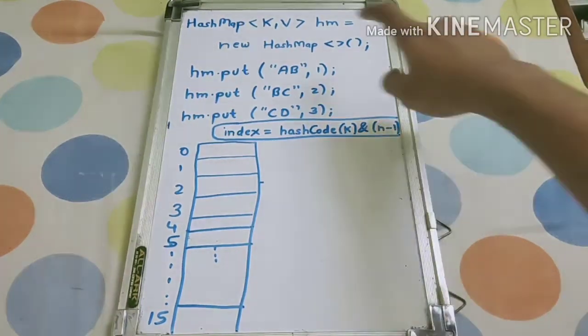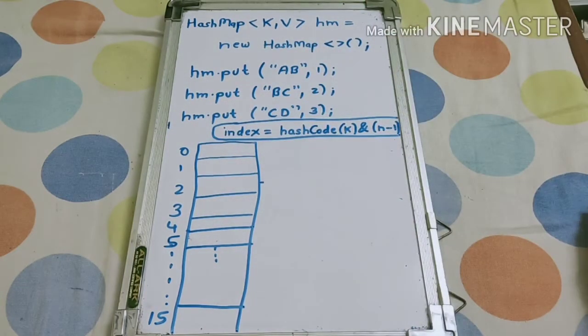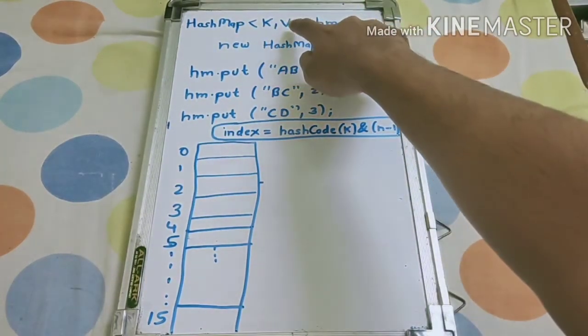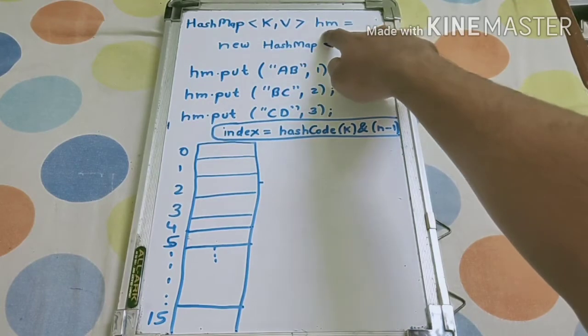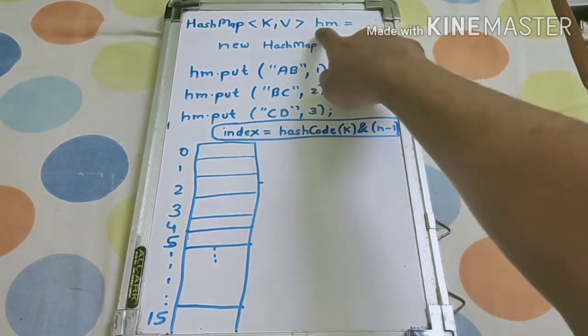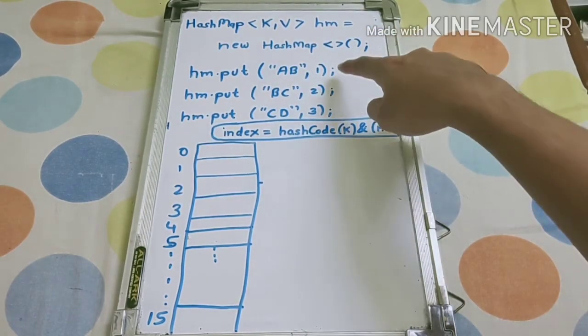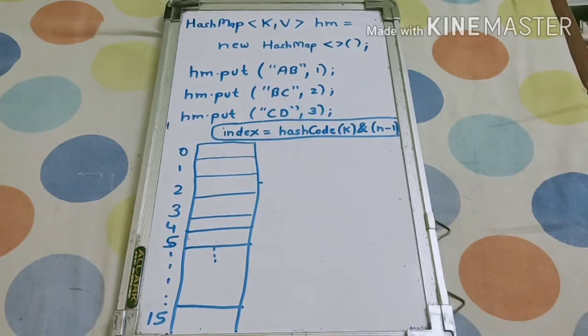So I have written this HashMap<K, V>. A HashMap typically contains key-value pairs, where K is the key and V is the value. Let's assume the object name is hm, equal to new HashMap. Here I have written three put statements. Put is used to insert an element in the hash map.